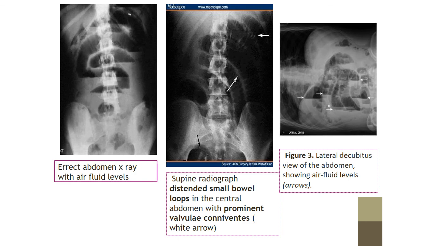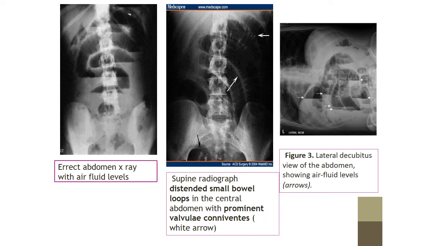Here you can see the erect abdomen X-ray which is showing air fluid levels, and its characteristic shape is a step-ladder pattern which is diagnostic for ileal obstruction. The second image is for supine position showing distended small bowel loops in the central abdomen with prominent valvulae conniventes, and the last image is of the lateral decubitus view.